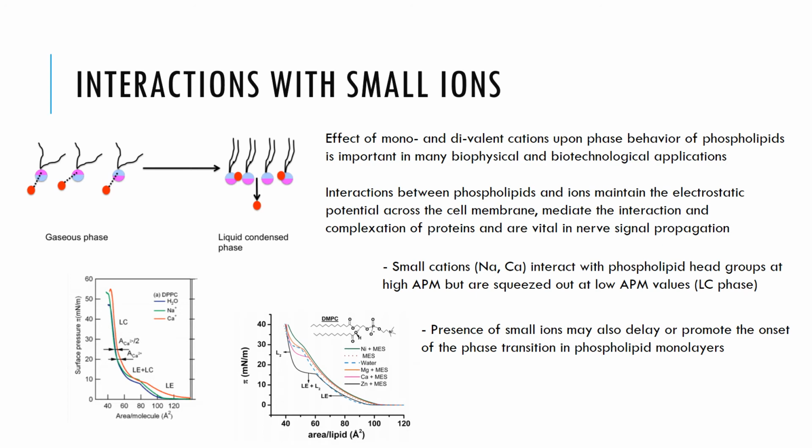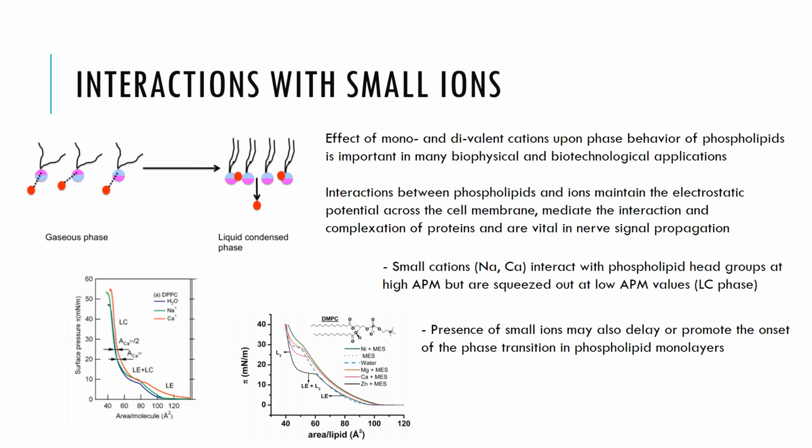There are some quite striking effects that can occur when these Langmuir monolayers interact with ions in solution. And some investigations have been done that look at the interaction of small cations, usually sodium and calcium, and how they interact with phospholipid Langmuir monolayers.